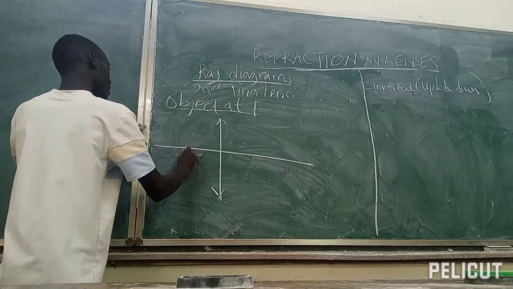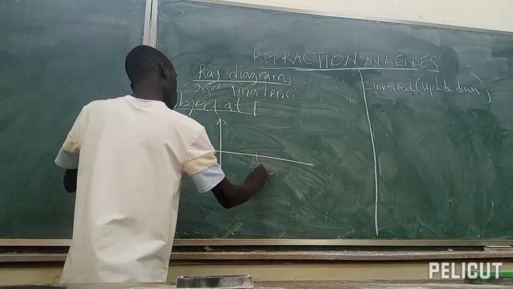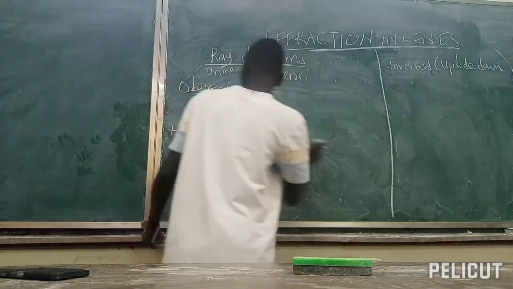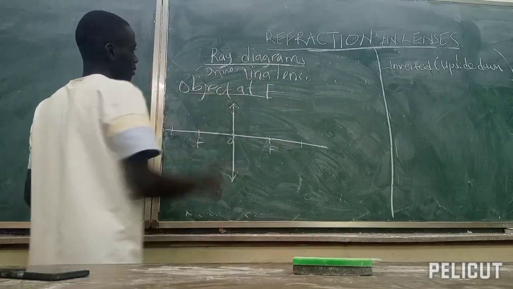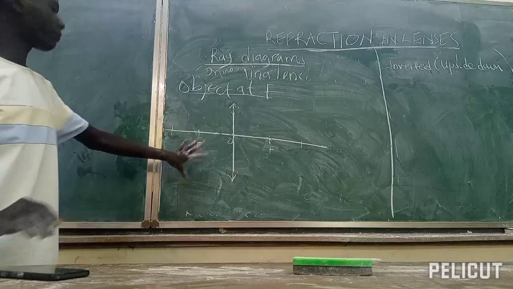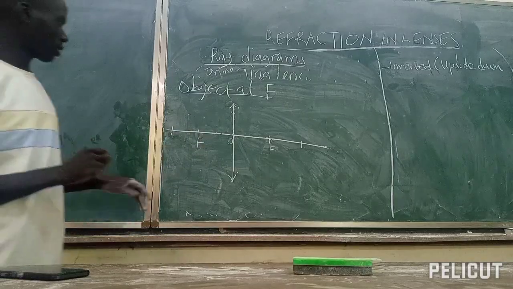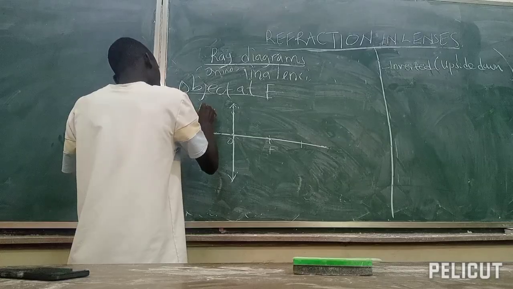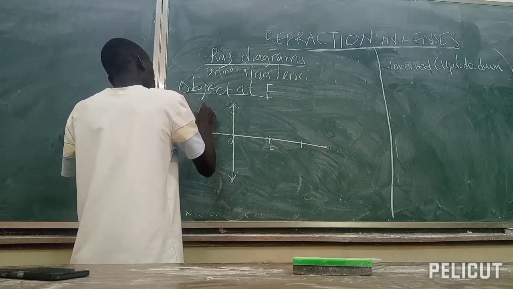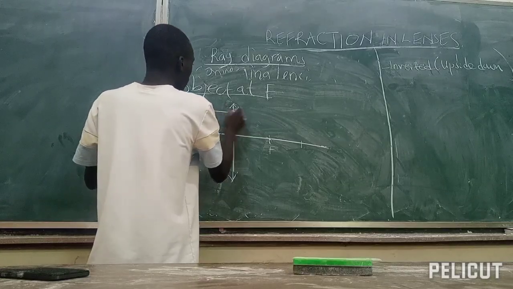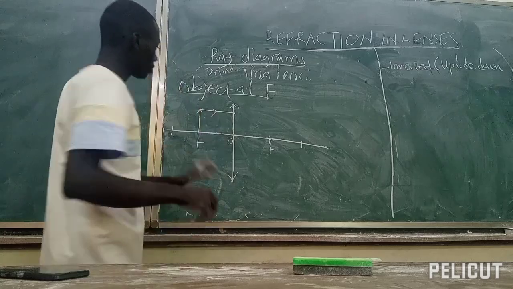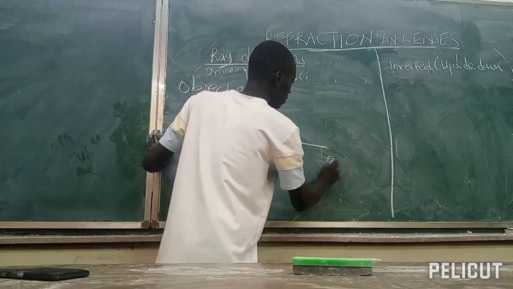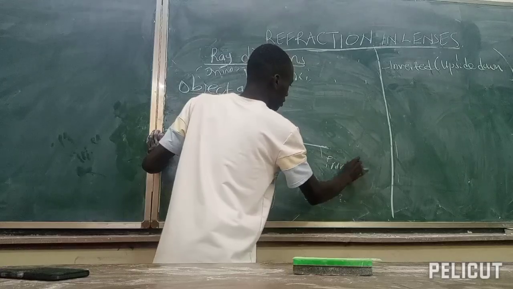So if this is my F, this is my F. Okay. We are now looking at when the object is at F, at our principal focus. So try to draw an object at our principal focus. We have a ray that's parallel to the principal axis.